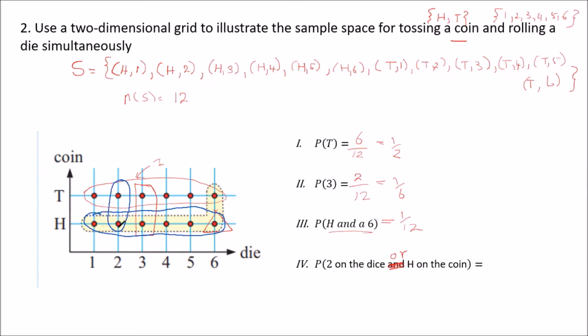In the union we are not going to repeat the same one. Then 7 by 12. We can represent it as 7/12.